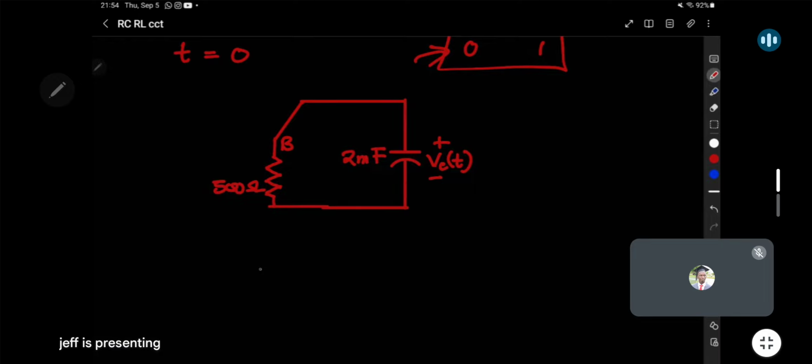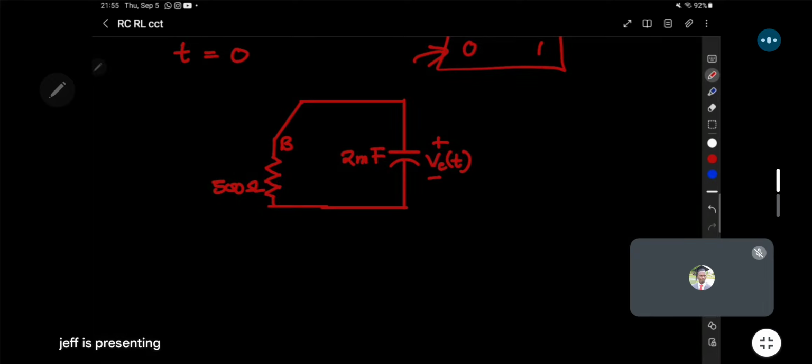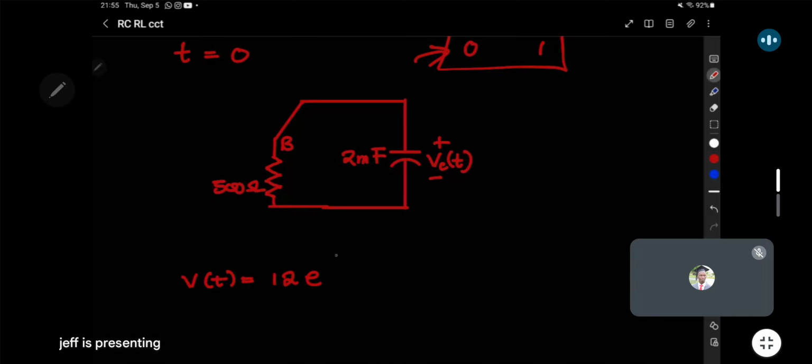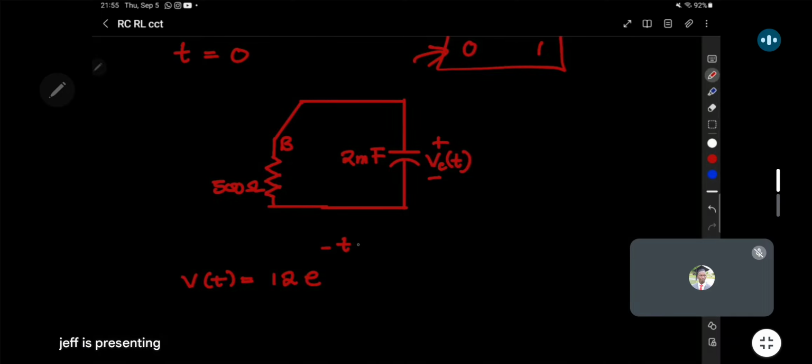But now in this orientation, for t from 0 to 1 second, the expression for Vt will be equal to the starting voltage, which is 12 volts, e to the minus t over tau. But what will be our tau? Notice that the total resistance in our circuit is only one, that 500.